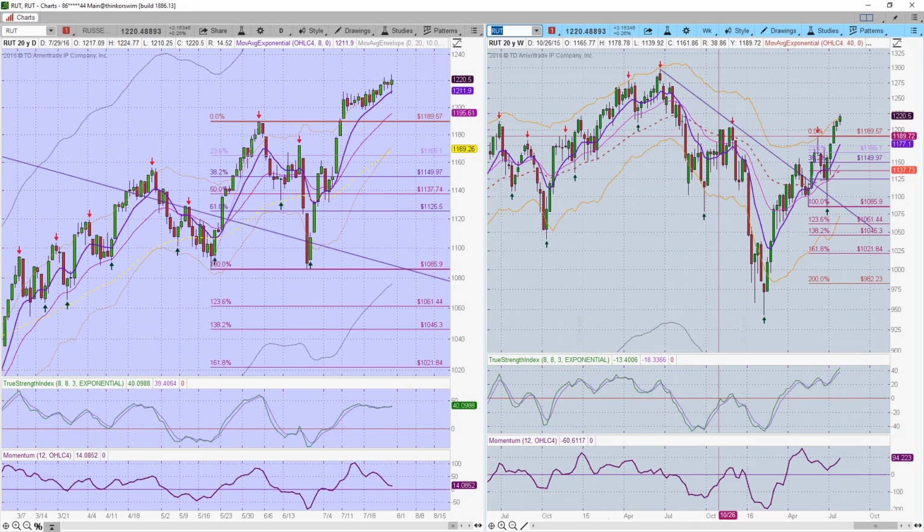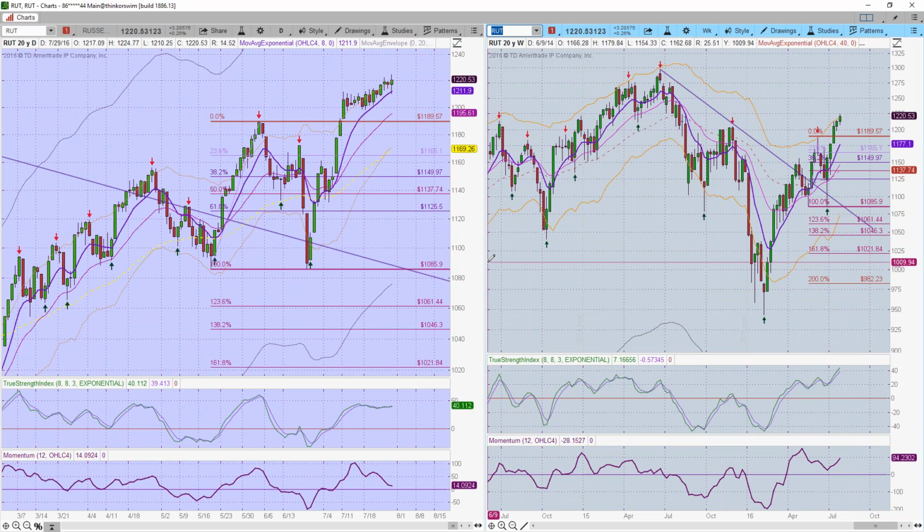And this is what I was talking about on the weekly chart. The Russell is well extended away from its moving averages. It's at the top of a Keltner channel, and so one would anticipate once we hit that upper Keltner channel that we would get some kind of a pullback.